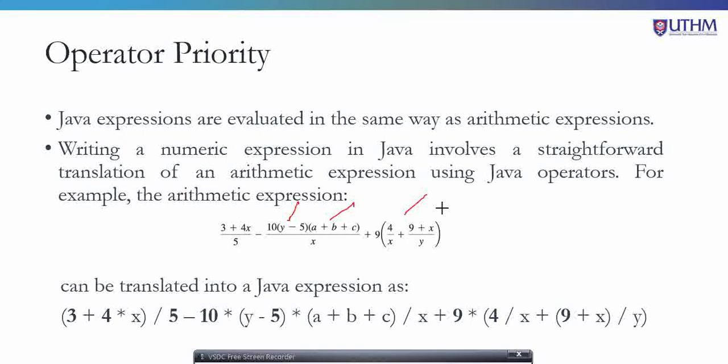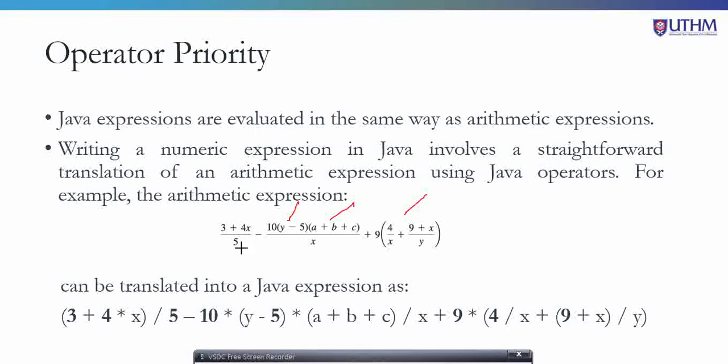We also need to determine the multiplication. In a standard mathematical expression, you don't see the multiplication symbol. Simbol darab tu kita tak nampak. For example, like this one, in mathematical operation it means 4 times x.